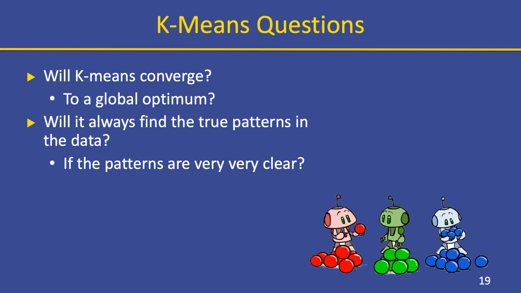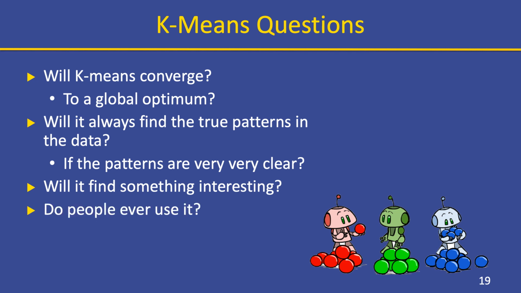In this case, it's more likely to find them, but there's still no guarantee. Will it find something interesting? Maybe. Again, no guarantee. Do people ever use it? Yes, absolutely. We use it to explore the data when we're not sure what we're looking for. How many clusters do we pick? The answer here is that no one really knows.